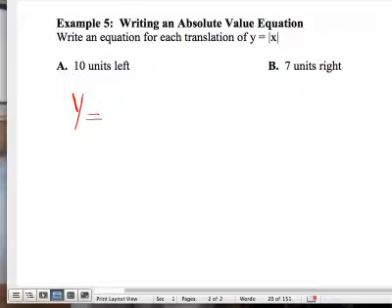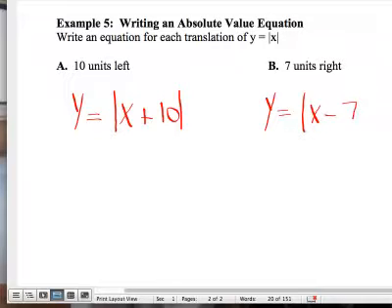Y equals the absolute value of x plus 10. So you have to put the number inside the absolute value. Letter B says 7 units to the right. We do the same thing, but instead we put a minus sign. So it's y equals the absolute value of x minus 7.